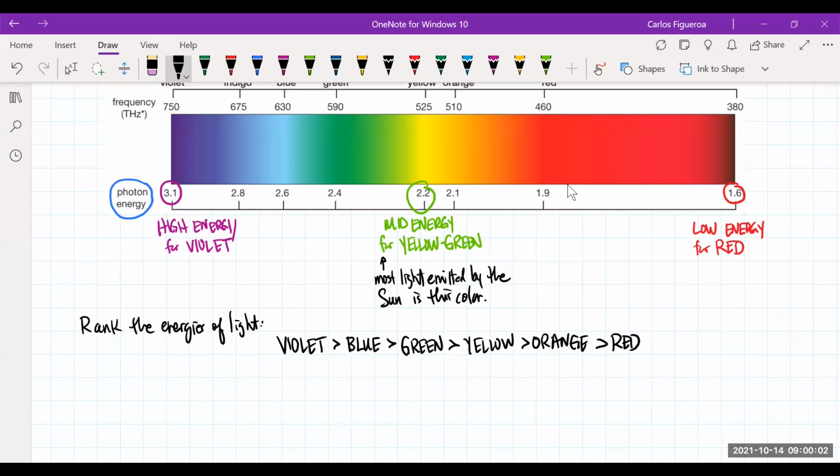There's all these colors. So once again, this is the high end. This guy is the low end of the spectrum.